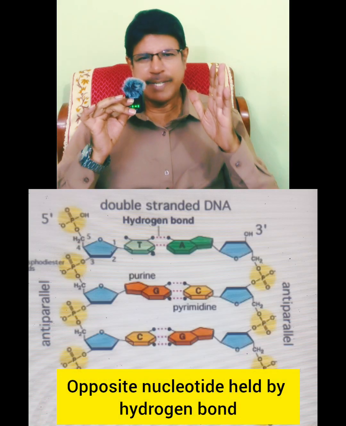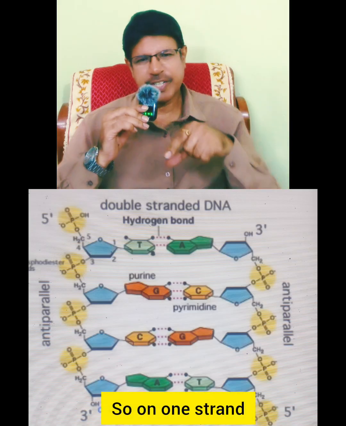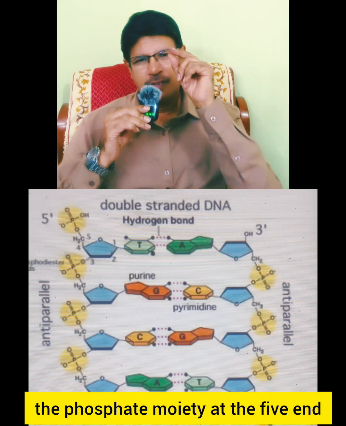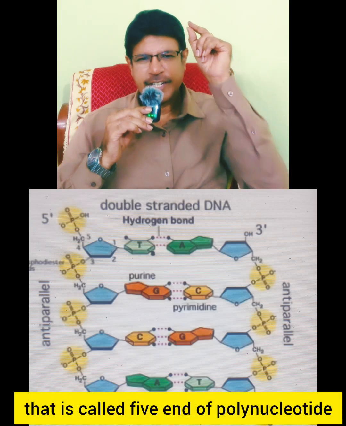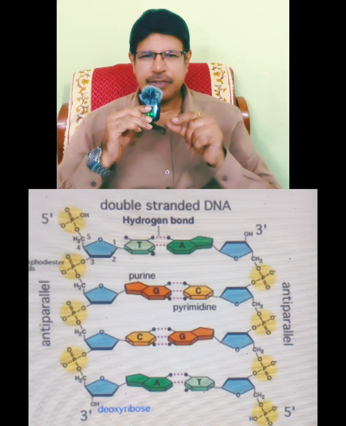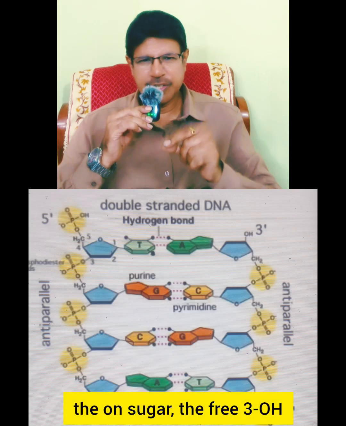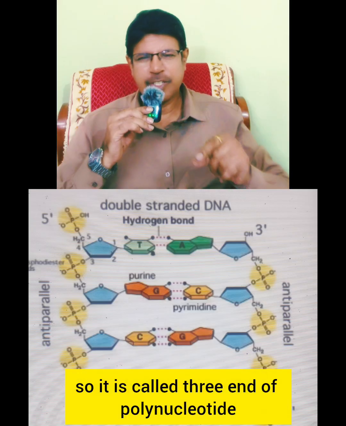Opposite nucleotides are held by hydrogen bonds. On one strand, the phosphate moiety at the 5 end is called the 5 end of the polynucleotide. On the other end, the free 3OH on the sugar is called the 3 end of the polynucleotide.